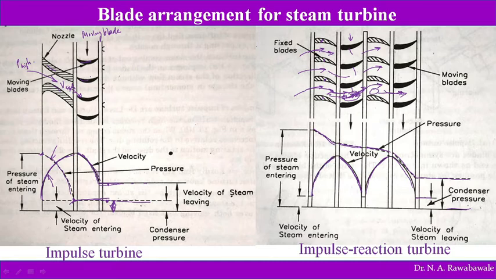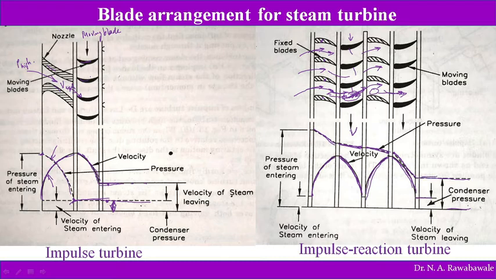Then when it passes through the set of moving blades, the pressure gradually decreases, but the fall in pressure is very small. Simultaneously there is a decrease in the velocity. So here there is a conversion of kinetic energy into mechanical work. Again steam is passed through the set of fixed blades, so pressure falls here and velocity is going to increase, and then steam enters the set of moving blades, and there is a decrease in the pressure as well as a decrease in the velocity.